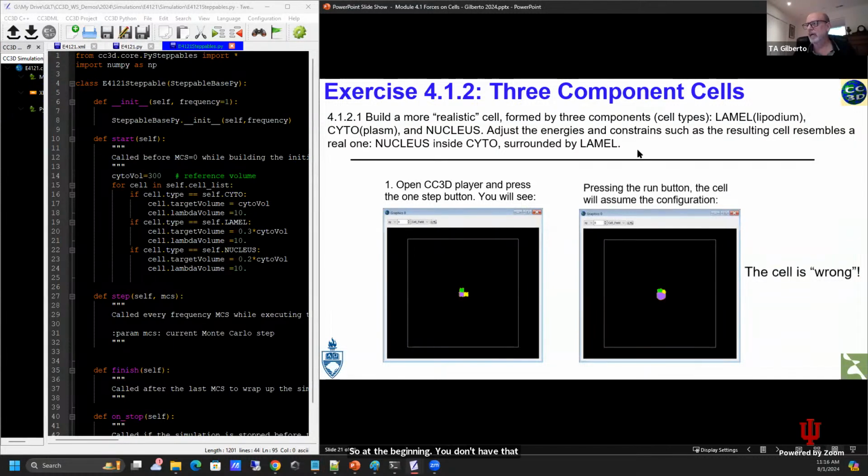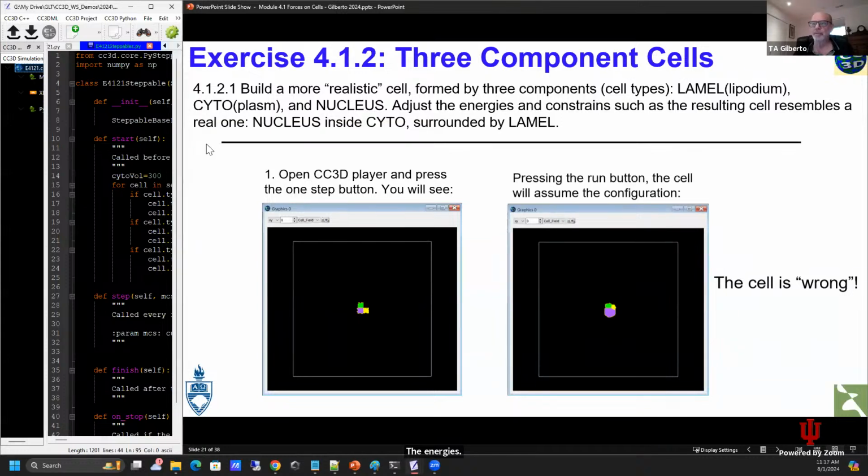We will have this kind of situation if you don't adjust the contact energies. We have to impose that hierarchy in the contact energies that will put things in the right position, as James told in, I think, the first or second lecture.